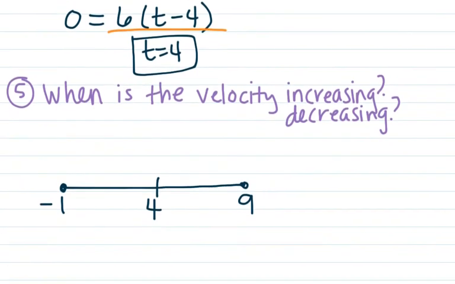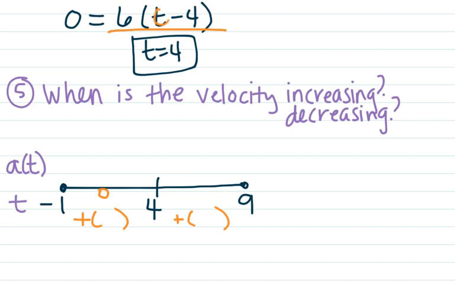So again, the bottom here is our t, and then this will represent the sign of our acceleration. So I'm really just using 6 times t minus 4, so a positive number times a factor. So let's say for the first one, we're going to do 0. Always love 0.